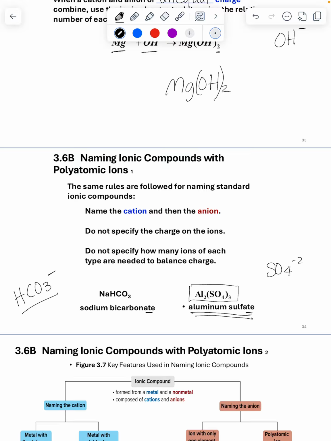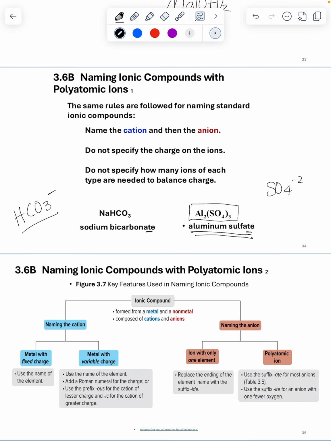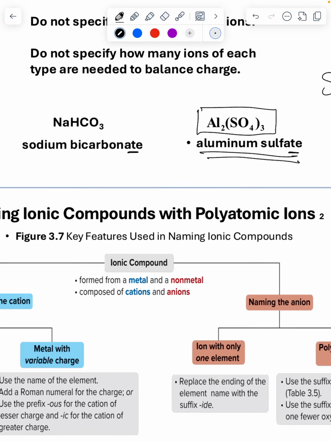All right, this is just a graphic organizer, kind of summarizing everything that we've talked about for Unit 3. Some of the key ideas here, we're talking about ionic compounds. It emphasizes here that it is formed from a metal and a nonmetal, and it's composed of cations and anions.